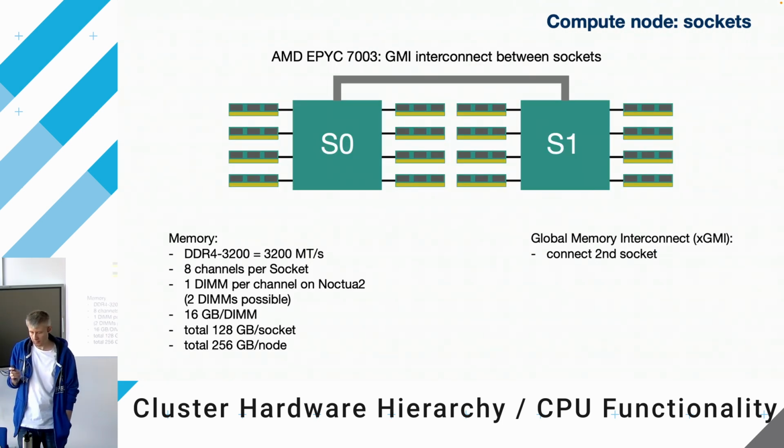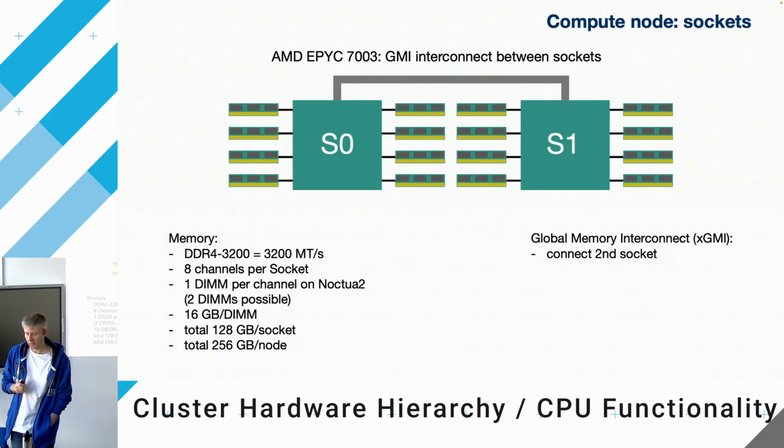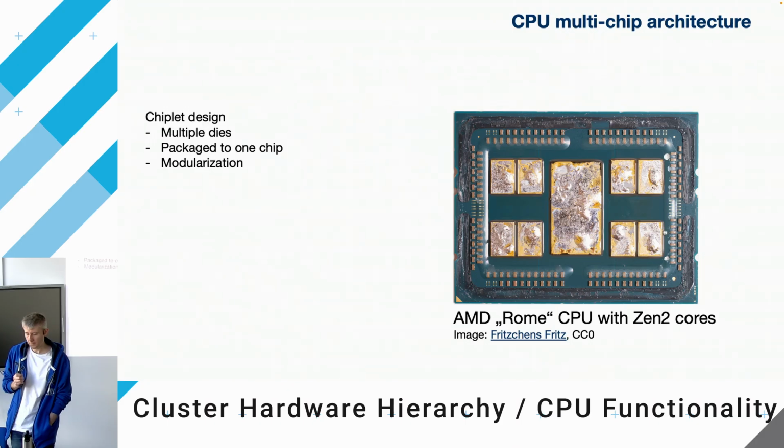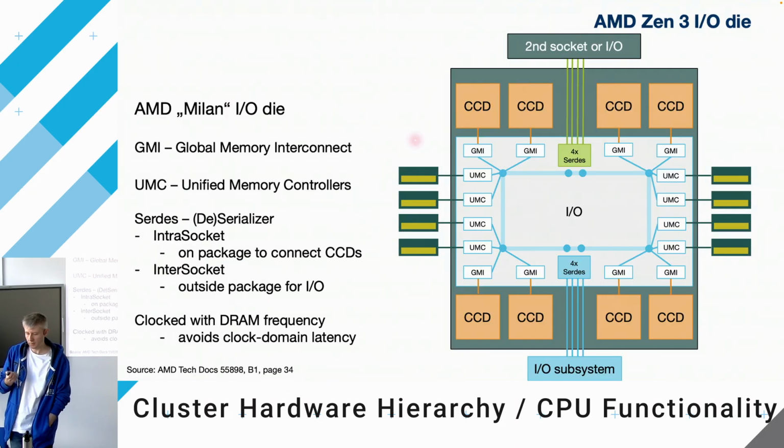This is just some things that we already also talked about in the previous course, and what I've already mentioned, the 2 sockets that are connected and the main memory. We have 8 channels per socket here, and we have our CPU socket here with the CPU dies, the I/O die that connects the CPU cores.